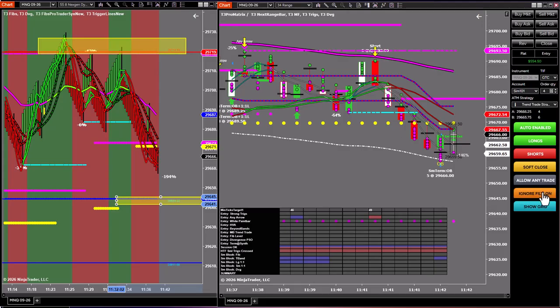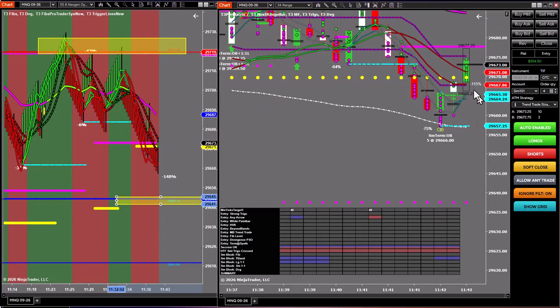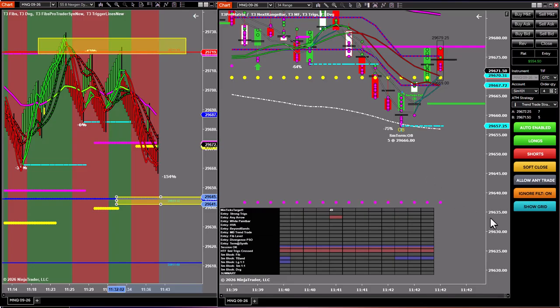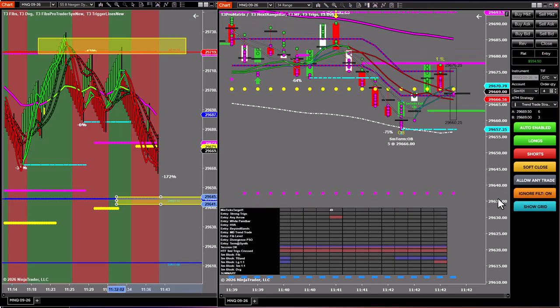I will ignore my filters. If it makes a white paint bar up into a 1-to-1 and makes a bar down, well, didn't quite go that far. Man, it pulled right back to the high volume area and then straight down.